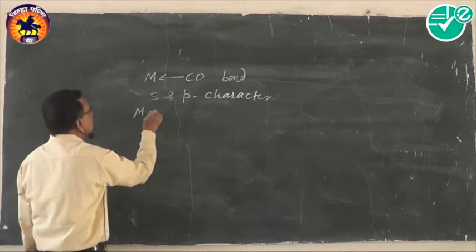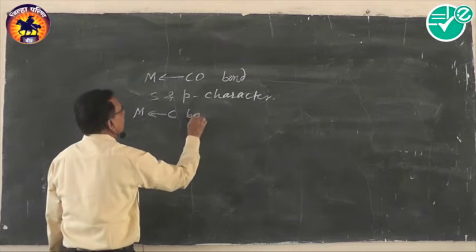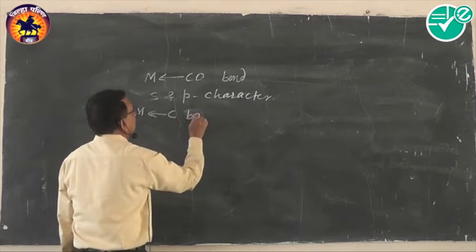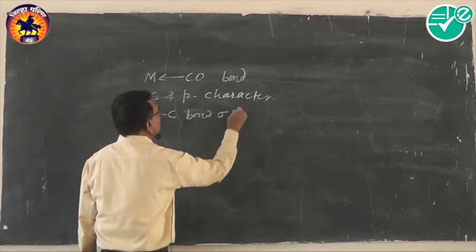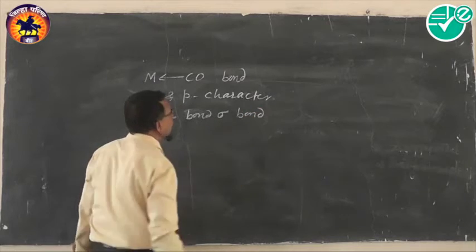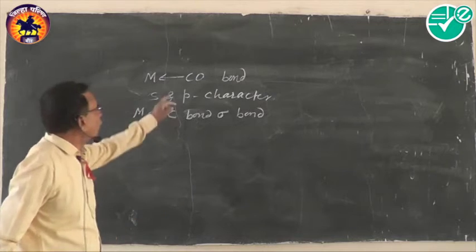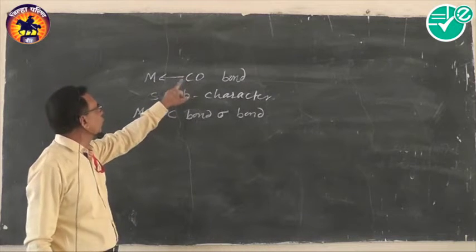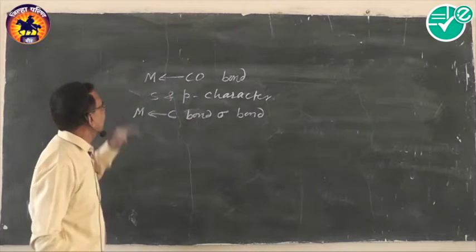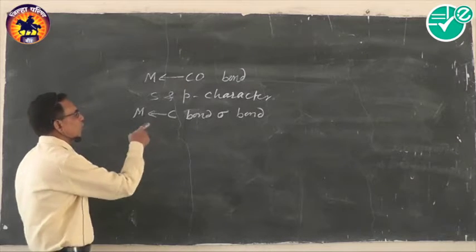This MC bond, or sigma bond, is formed by donation of a lone pair of electrons from the carbonyl group to the vacant d orbitals of the metal ion.